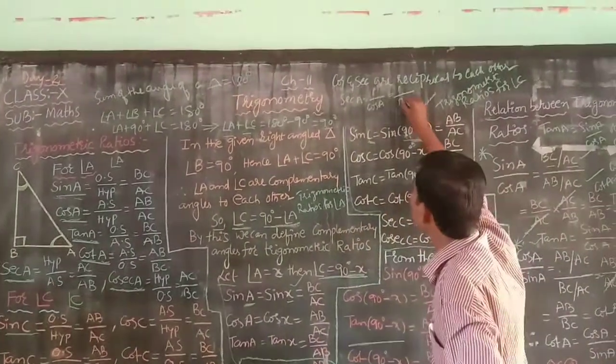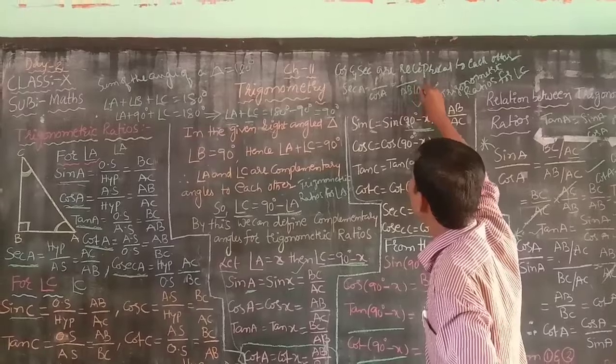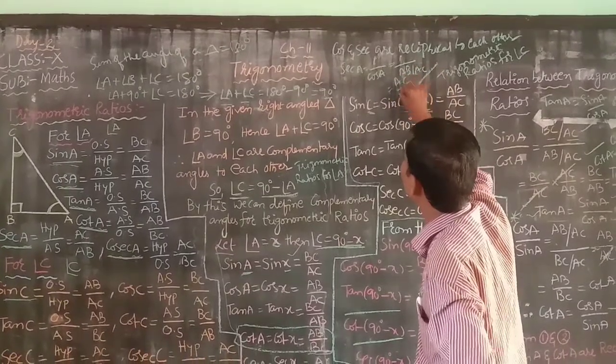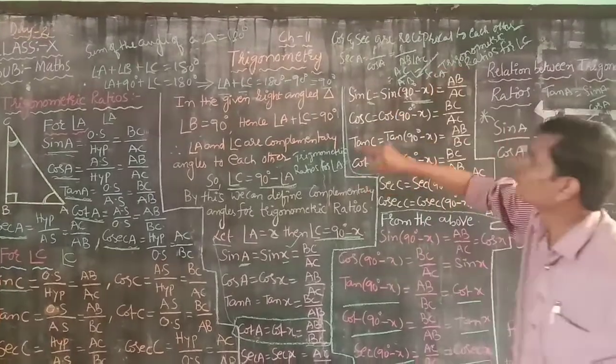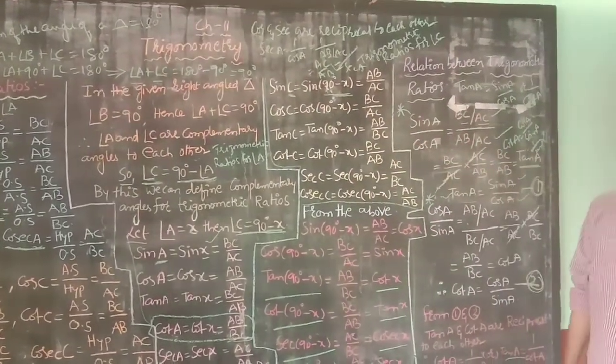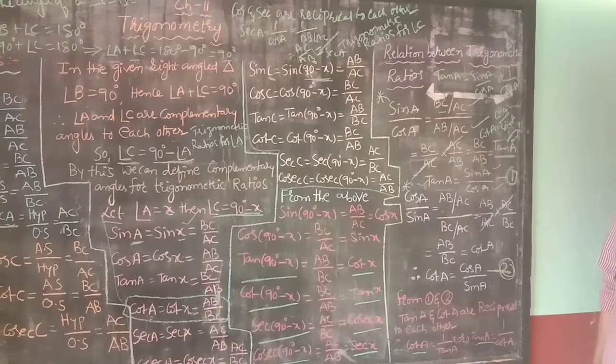AB by AC, so 1 by that is AC by AB, which is equal to sec A. Therefore we can write that cos A and sec A are reciprocals of each other.